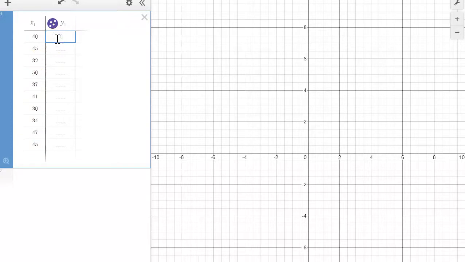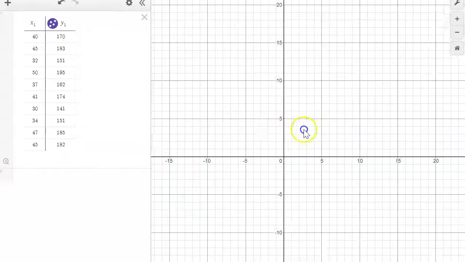Okay. Then my height is going to be 170, 183, 151, 195, 162, 174, 141, 151, 185, and 182.